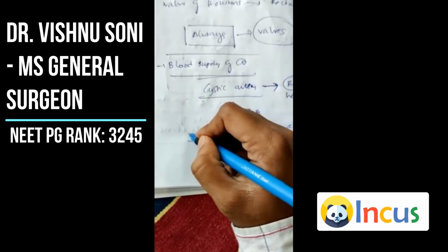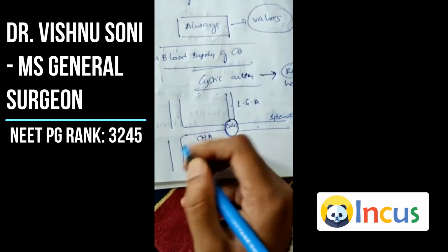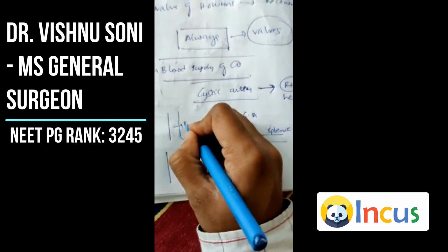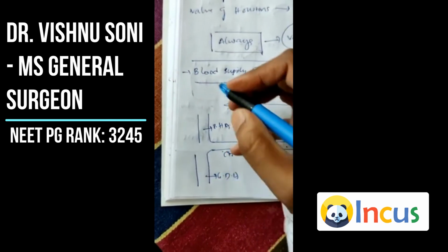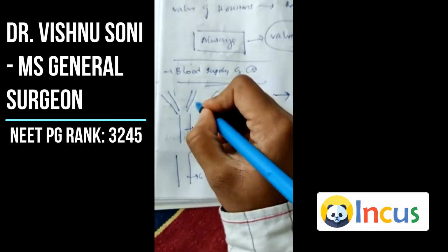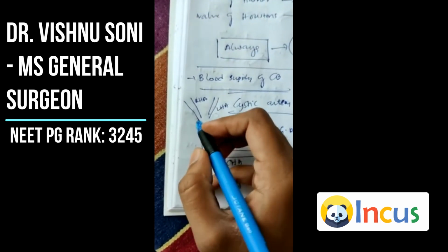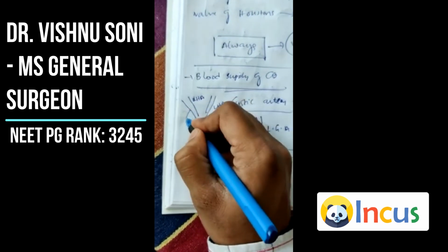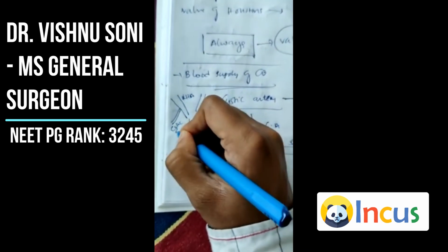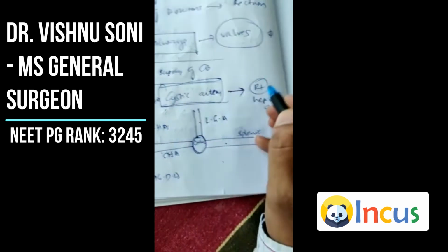Again, your common hepatic artery is divided into proper hepatic artery and gastroduodenal artery, GDA. Your proper hepatic artery is again divided into right hepatic artery and left hepatic artery. Now your cystic artery is a branch of the right hepatic artery.